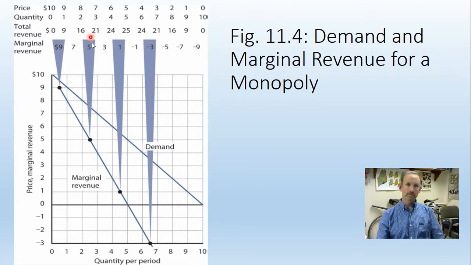So instead of 7 times 3 equals 21, you've got 6 times 4 equals 24. So even though the price is up here, the marginal revenue is down here. It seems like it should be 3 up here, but anyway, something like that. Marginal revenue is 3 when the price was 6. Anyway, back it up, watch it again if you need to, but that's the explanation of why the marginal revenue is inside of the demand curve.